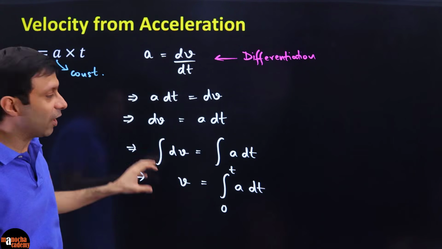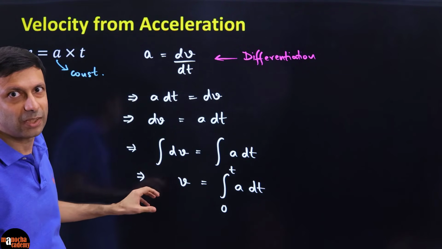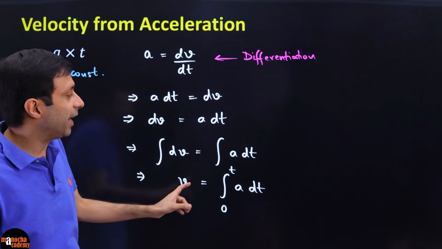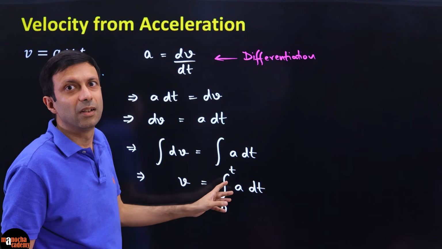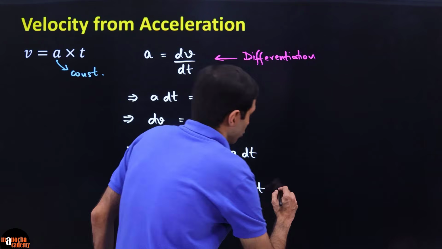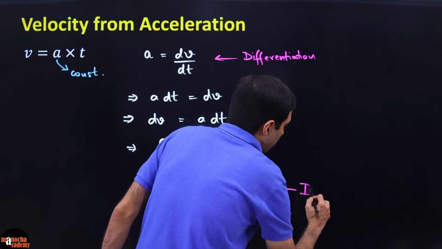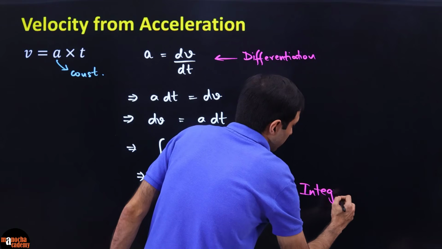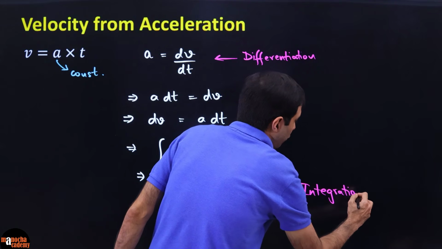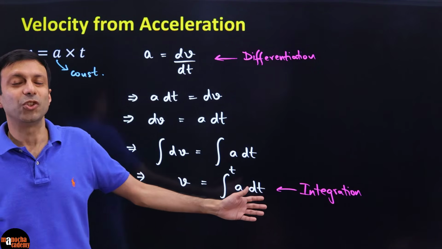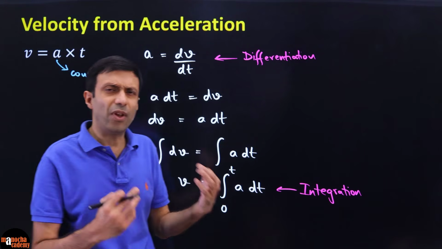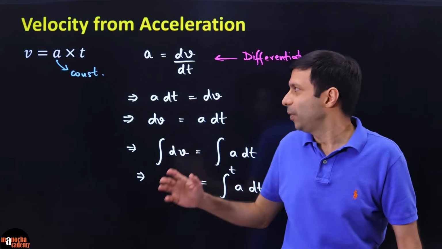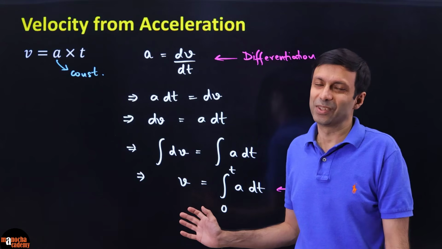But if you want to get the instantaneous velocity, then you have to do integration of the acceleration. So you have to do exactly the opposite, and to get velocity from acceleration, this time you need to do integration. So very, very important concepts. Please understand it and write it down.